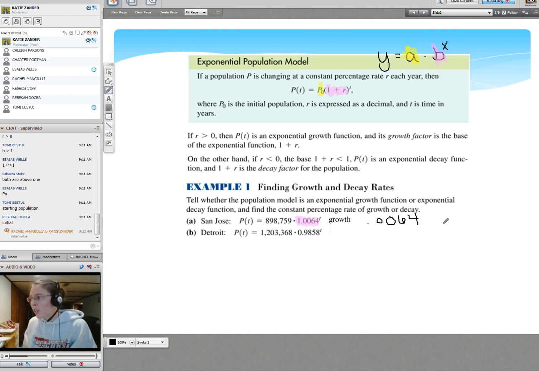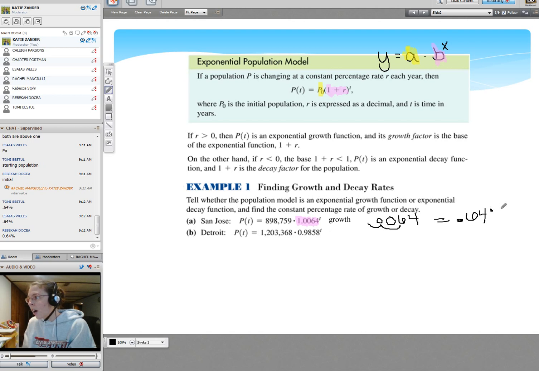So what is 0.0064 as our percent? Yeah, remember you've got to multiply by 100, which moves the decimal point 2 places to the right. So when they're asking for a growth rate or decay rate, they are looking for a percentage value. Okay. So we want the 0.64%.